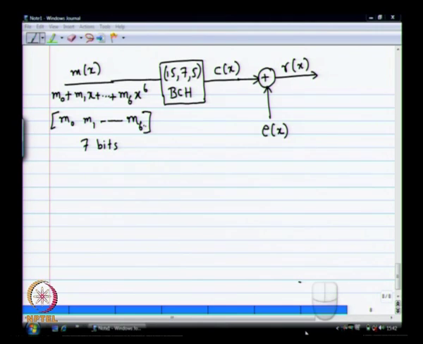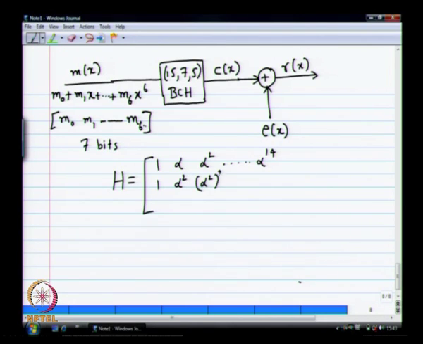Okay. So, what is my parity check matrix? My parity check matrix is basically 1, alpha, alpha squared, so on till alpha power 14; 1, alpha squared, alpha squared raised to the power 2, so on till alpha squared raised to the power 14.